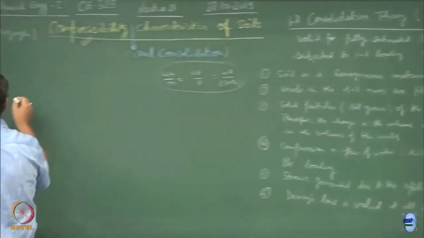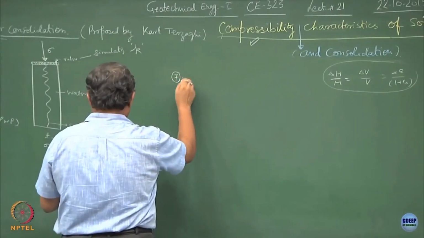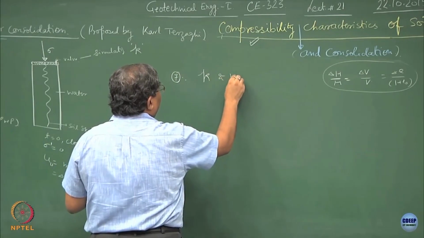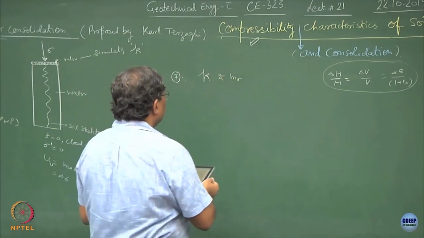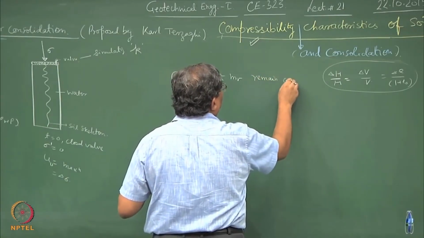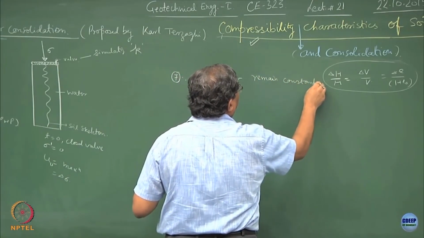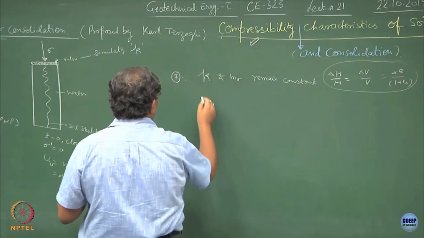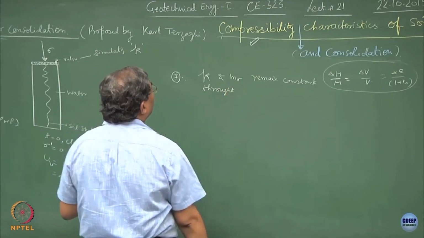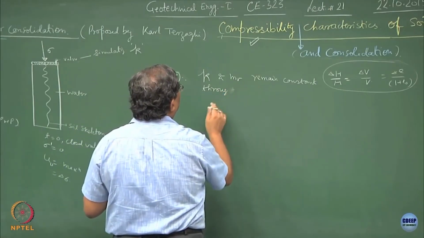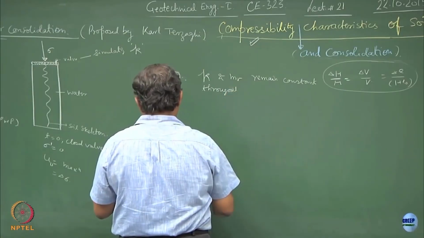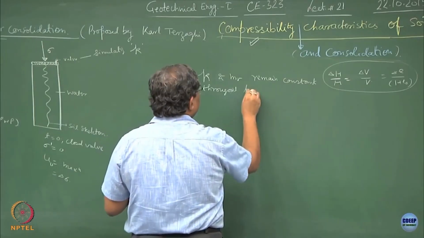Number 7, the hydraulic conductivity and m_v remain constant throughout the process.